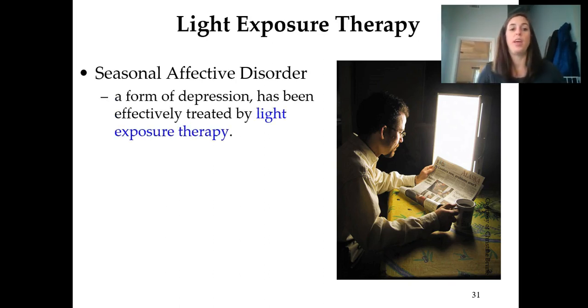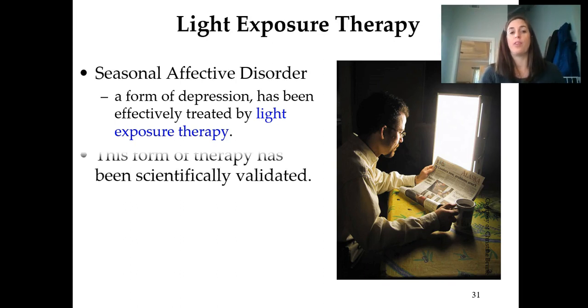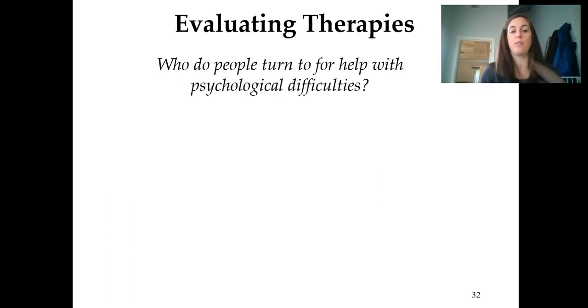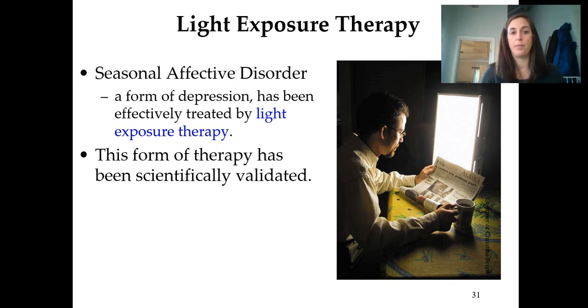It's a form of depression, and what they found is, like, in people in Alaska, they have maybe not full days of darkness, but not very much light. And they have found results with this artificial light, and they found if you sit in front of it, that it actually helps your levels of depression. Pretty crazy. Light exposure therapy.